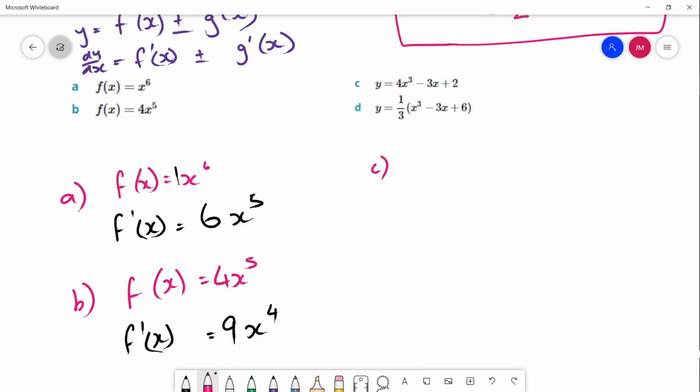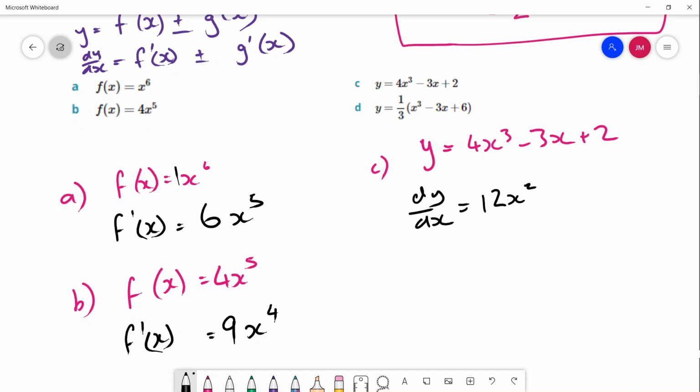Parts C and D, we've got a little bit more complex equations to start with. We've got y equals 4x cubed minus 3x plus 2, and we just treat them as each term individually. So dy dx, differentiate the 4x cubed first, so that becomes 12x squared.